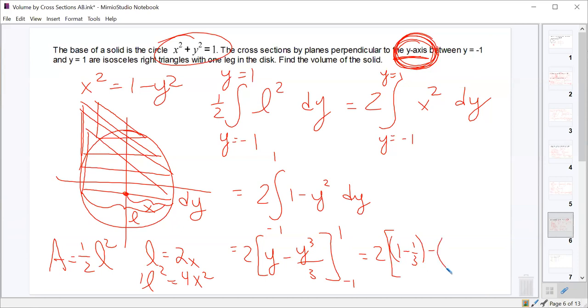And then minus, plug in -1, we get -1 plus a third. 1 minus a third is 2/3. -1 plus a third is -2/3. Right? So we got a negative -2/3 there. So we got 2/3 plus 2/3 is 4/3 times the 2 should give us 8/3. Good?